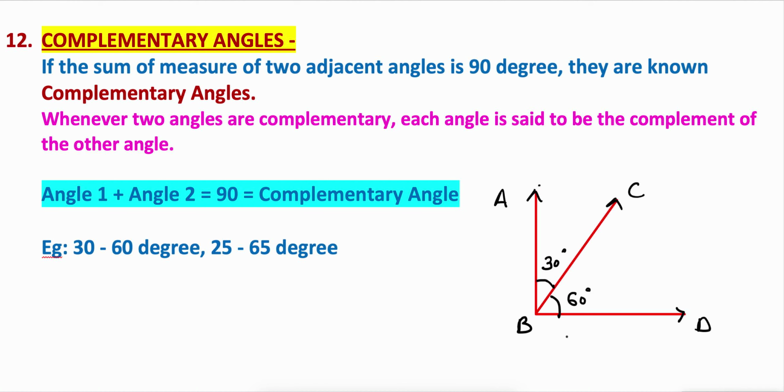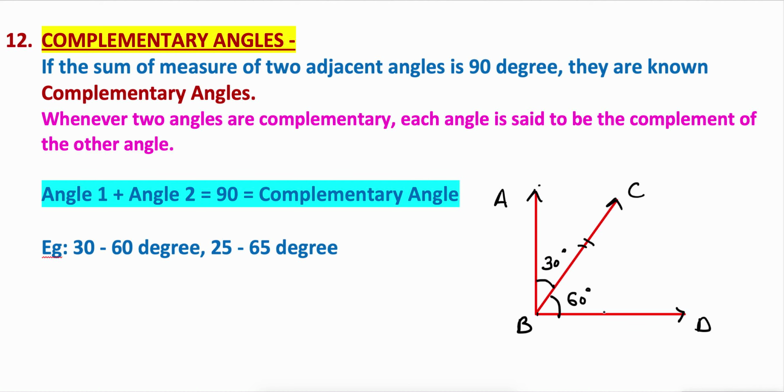So if the sum of the measure of two adjacent angles, as we have now seen, angle ABC is adjacent to angle CBD because they have common arm BC and common vertex B in between the other two arms AB and BD.